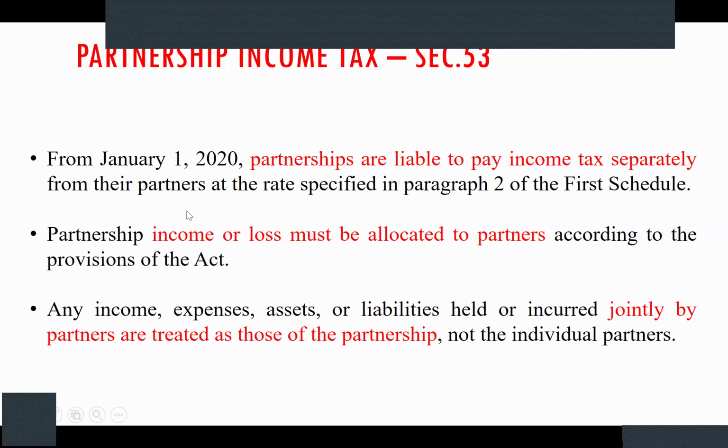Because prior to this date we had to calculate partnership assessable income, then based on that amount we had to pay withholding tax at the 6% withholding tax rate on that income. But after January 1st 2020 all partnerships are liable to pay income tax separately from their partners. So it is a completely different provision.